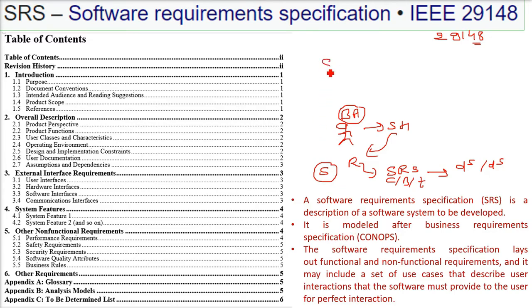So the software requirement specification lays out the functional and non-functional requirements. It may include a set of use cases that describe the user interaction that the software must provide to the user for perfect interaction. Functional and non-functional requirements are explicitly mentioned in the SRS, and most of the time the SRS will contain a very important UML diagram.